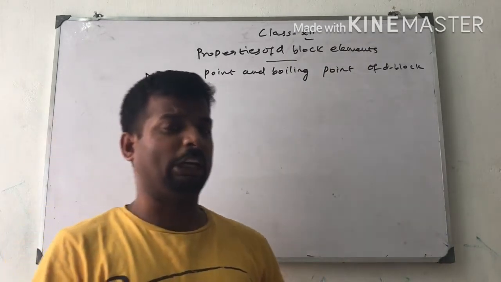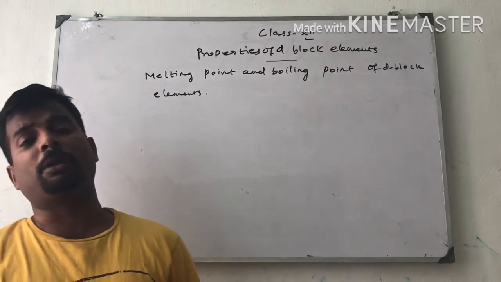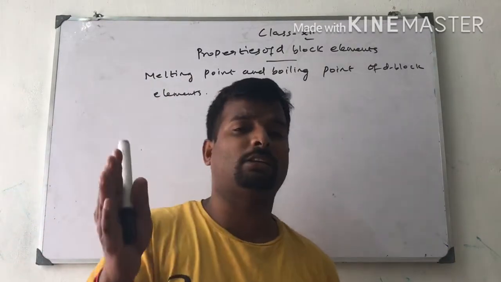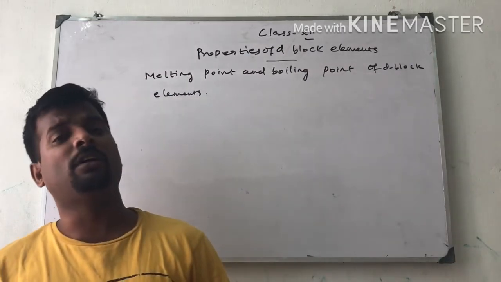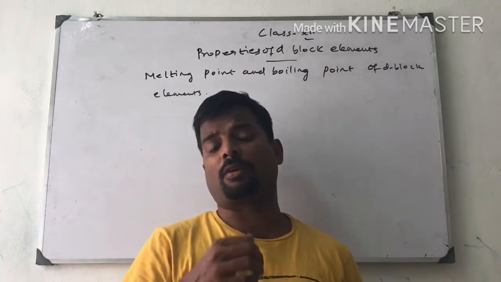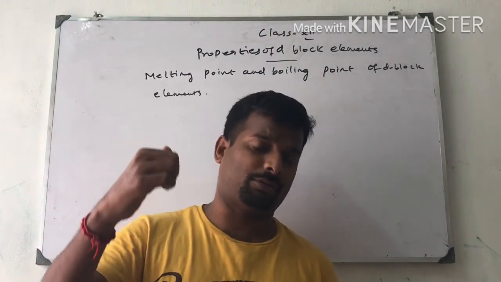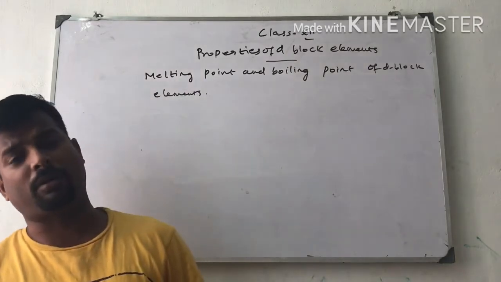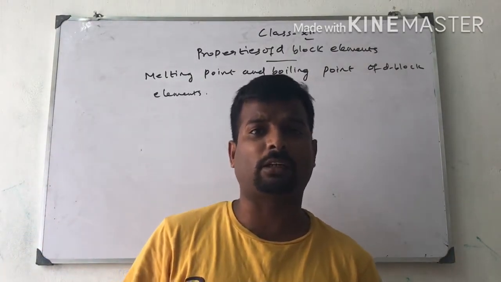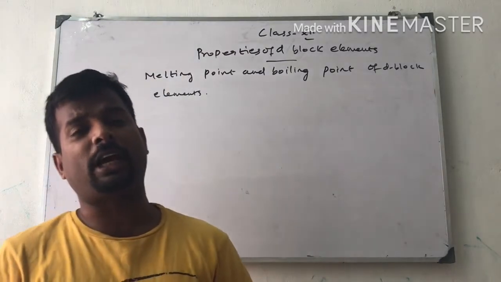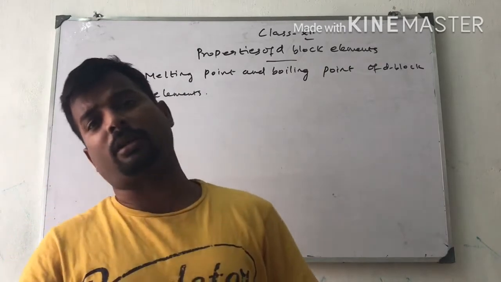Next is conductivity of heat and conductivity of electricity. Because of the sea of mobile electrons in metals, they carry heat from the hotter body to the colder body. Electrons also carry electricity from one point of the metal to another.